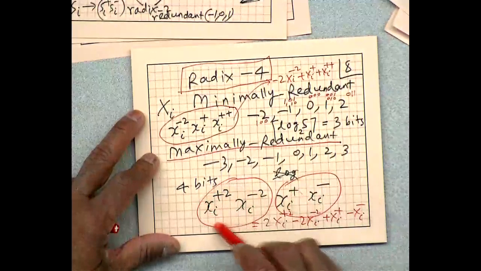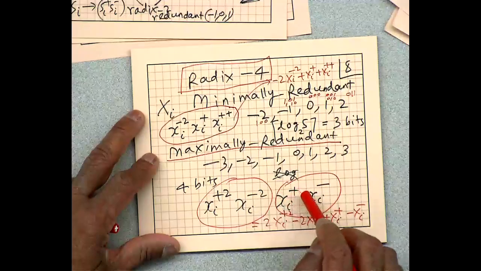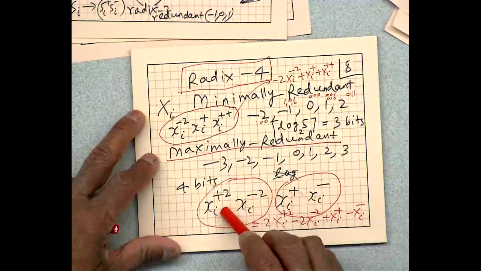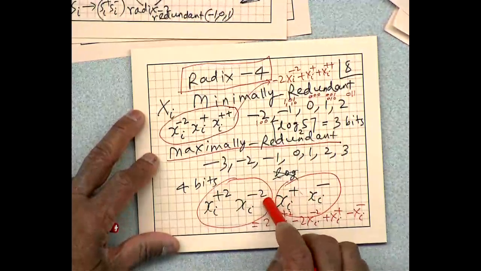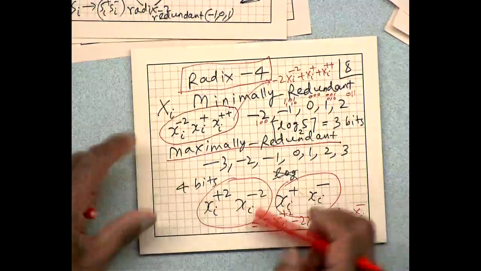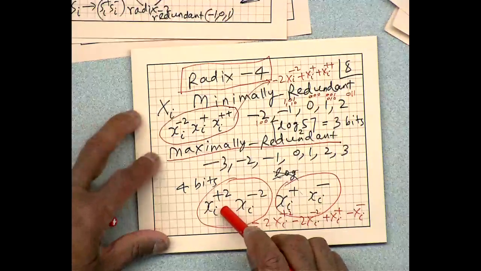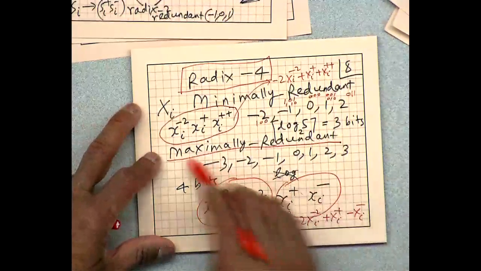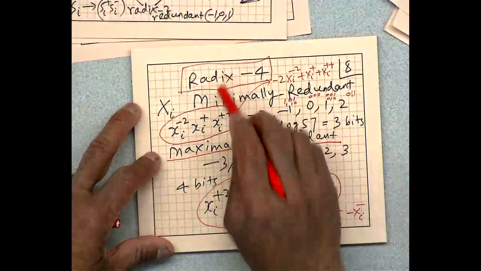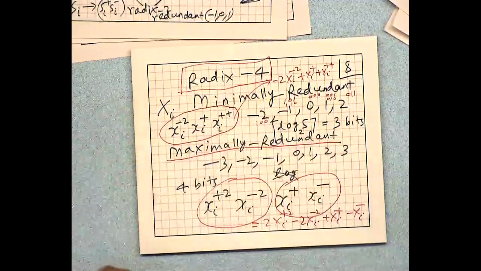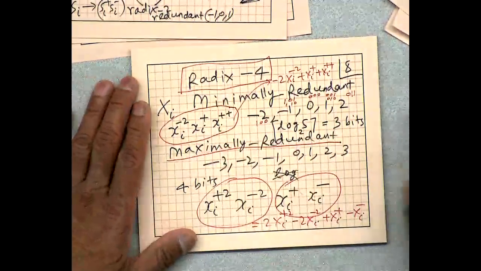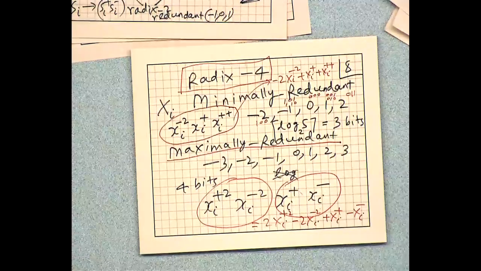This is another radix 2 digit with one more position to the left. That means the weight is 2 times. You concatenate these two together. So these 2 radix 2 digits together form the maximally redundant radix 4 digit. Okay. All right.